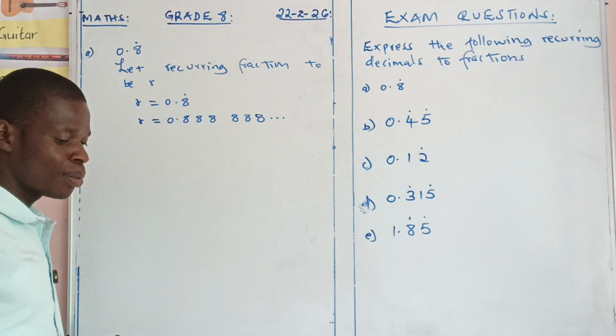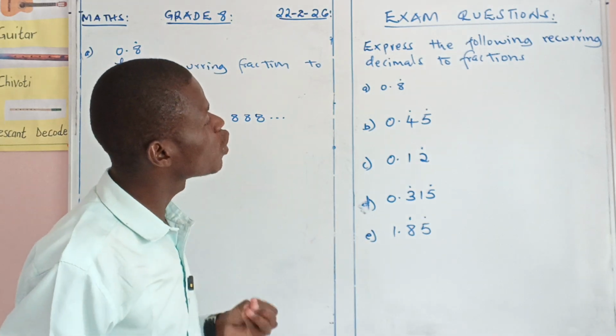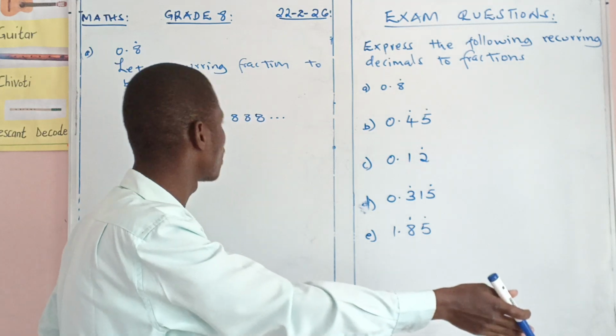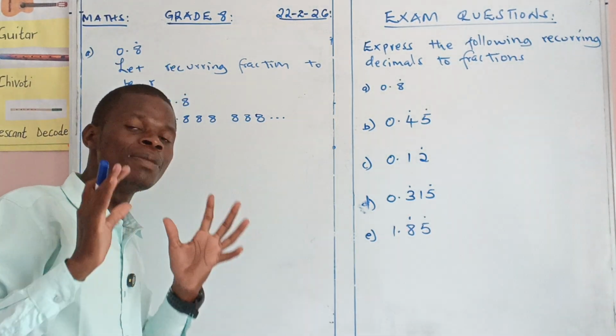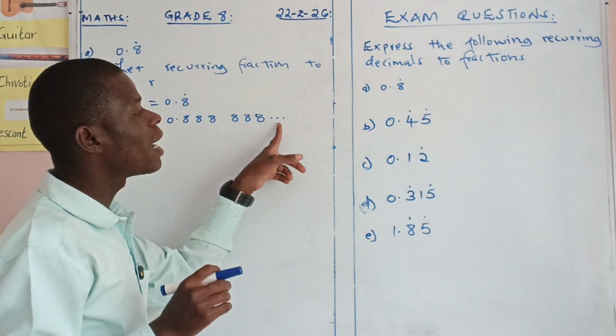Now, in order to convert recurring decimals to a fraction, we have to eliminate the recurring digit first. How are we going to do that?